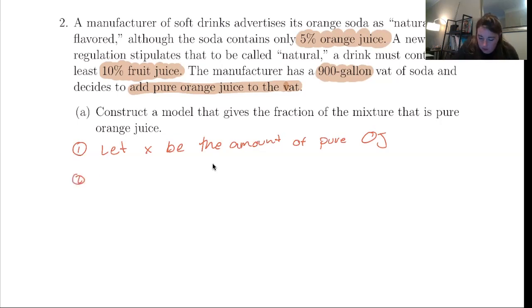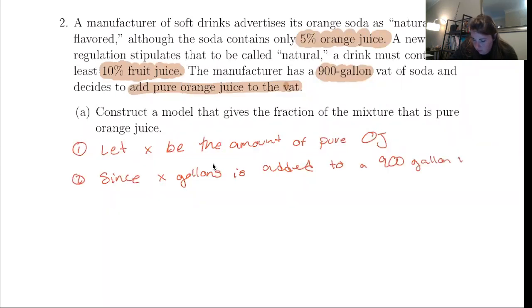So since X gallons is added to it, what is going to be our total volume after I add in the pure orange juice gallons? So I start with 900 and I'm pouring X amount in.